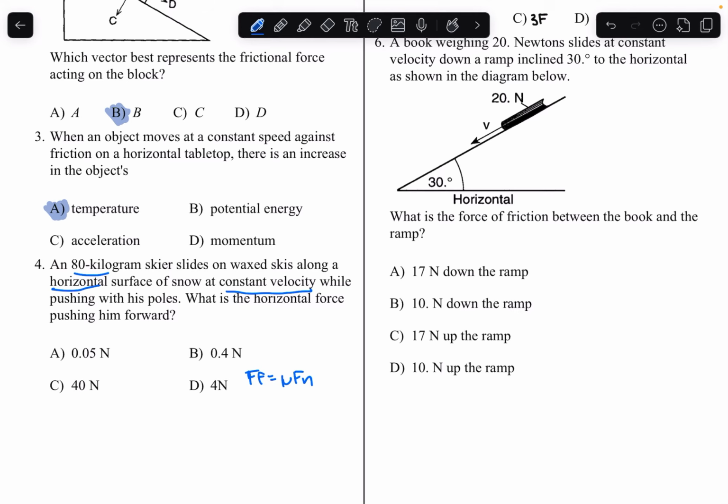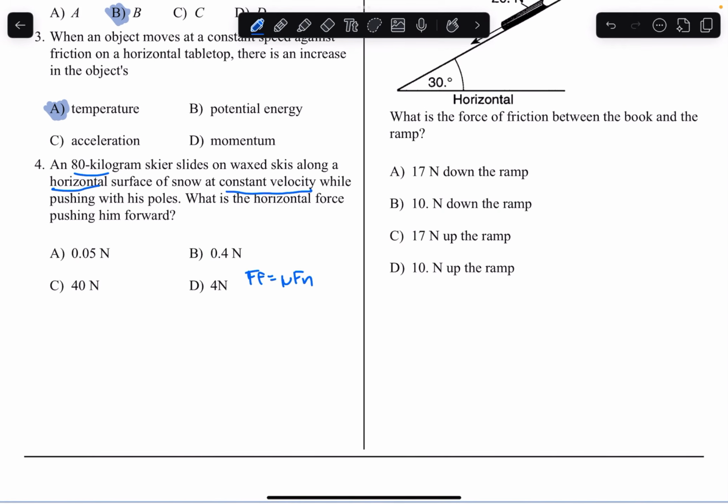We should know that normal force is equal to gravitational force when normal force is at equilibrium on a horizontal surface, which is this exact situation. So this perfectly lets us use the fact that Fn is equal to Fg, which is equal to mg. So Fn equals 80 kilograms times 9.81 meters per second squared.